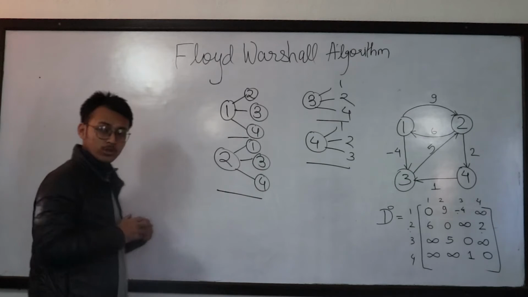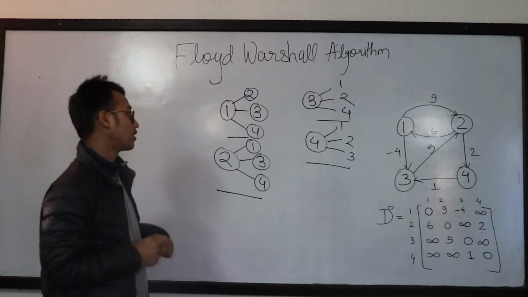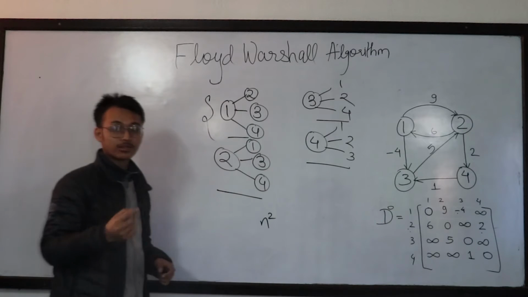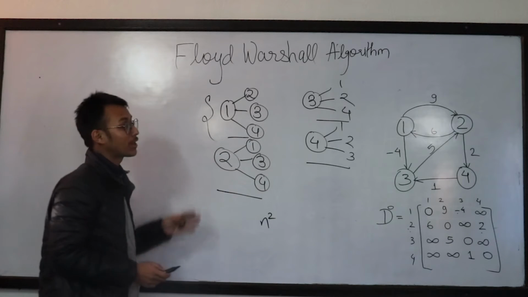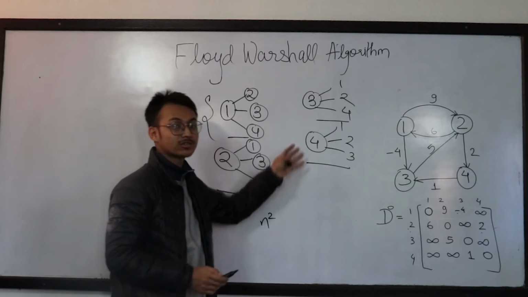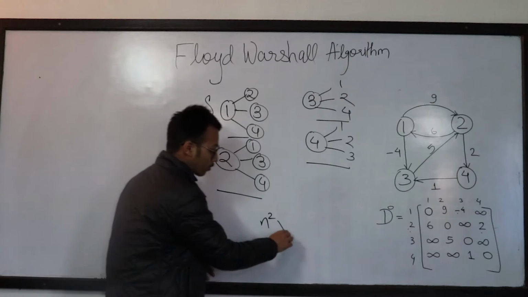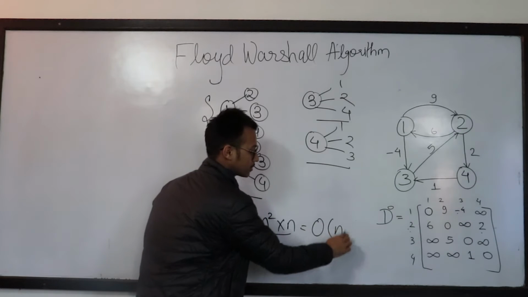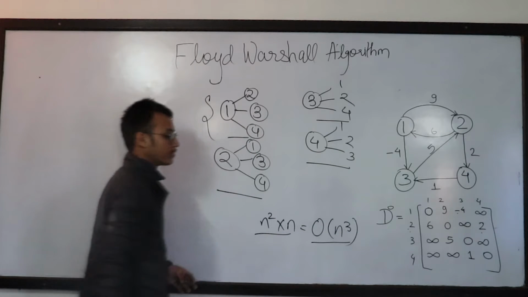Now, when we use Dijkstra's algorithm, each time our complexity is n squared, right? But in this case we are using it n number of times, and for this case, 4 times. So our complexity becomes n squared times n, so our time complexity is big O of n cube, right?